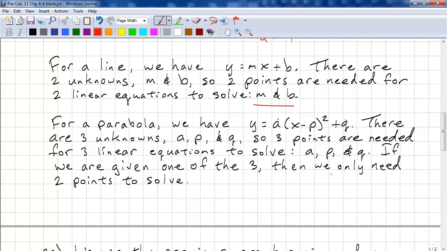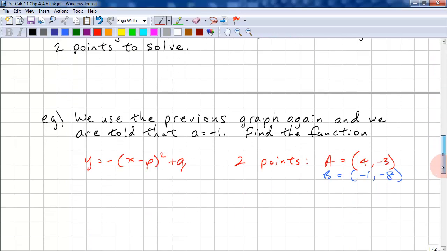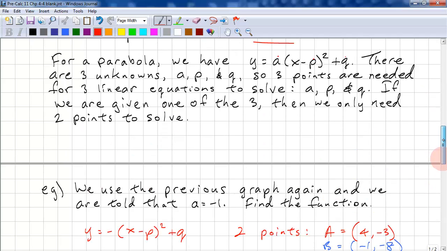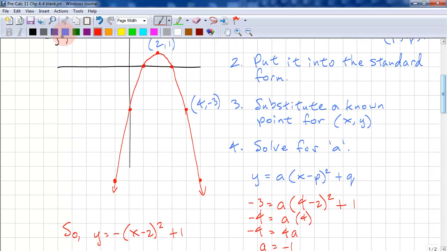Here's an example, and we're going to use the same graph. This time we're told that a equals -1. So we'll have another point here, and we're going to use (-1, -8).